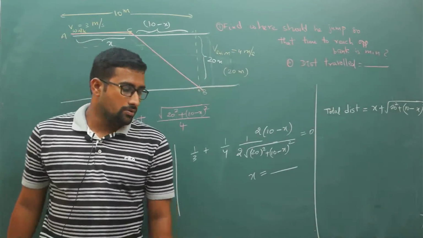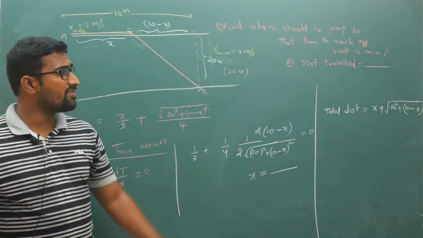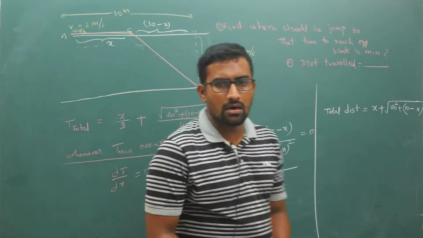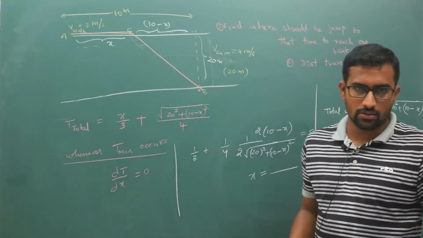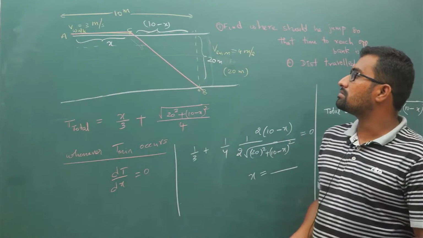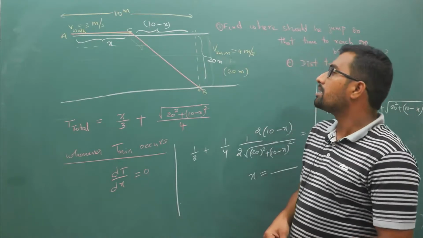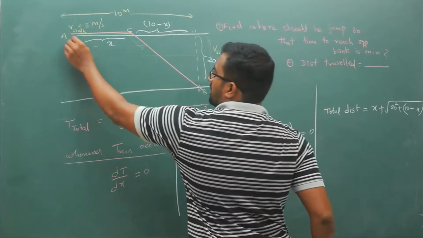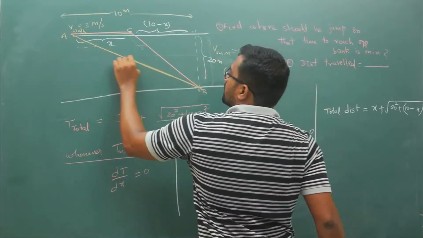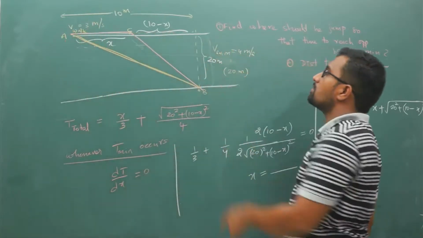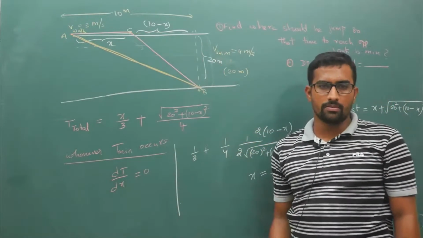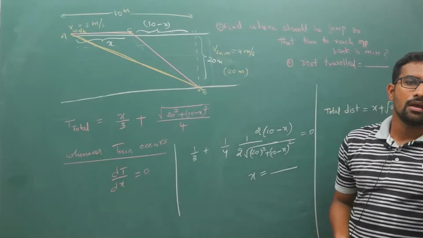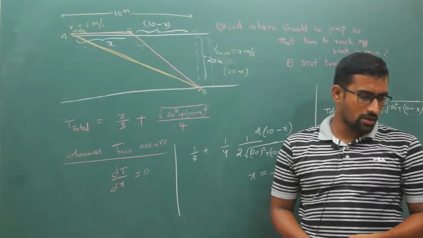Now simplify and then get all the required answers. Displacement is anyhow a fixed value. Displacement is the shortest distance. If I put it with a different color here, this is your displacement. This displacement is under root 10 square plus 20 square. By the Pythagoras theorem you can apply this and get the required answer.